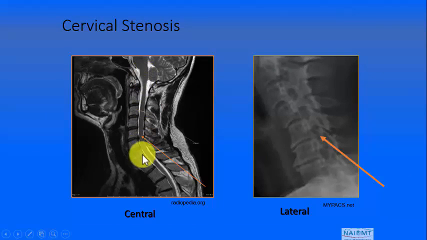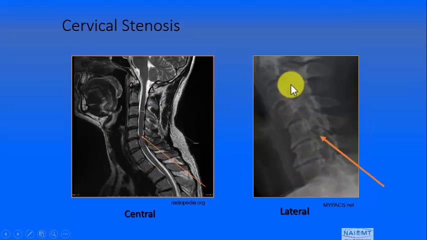Here we see central stenosis, where either congenital or congenital and degenerative changes have narrowed the space for the spinal cord. This kind of stenosis is not amenable to our treatments. However, lateral stenosis can be.